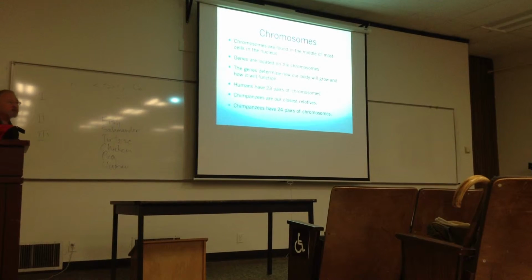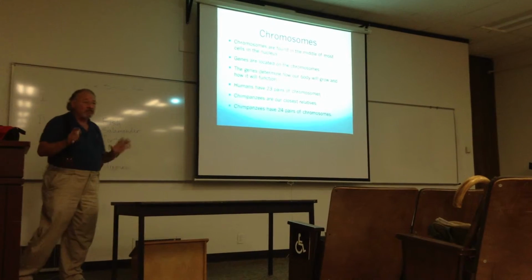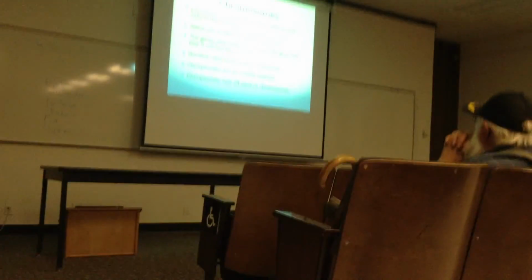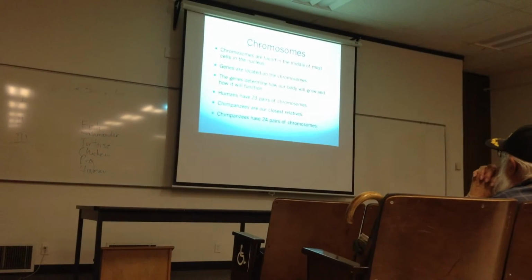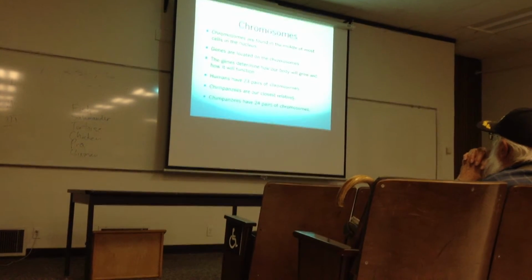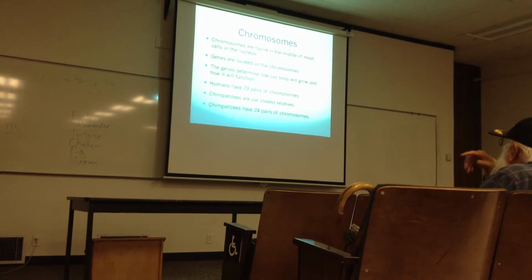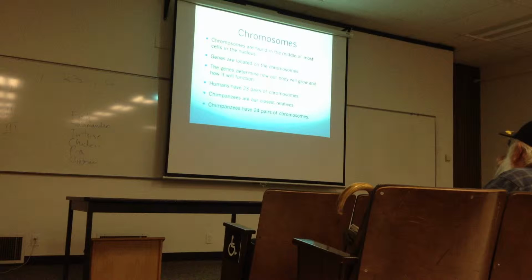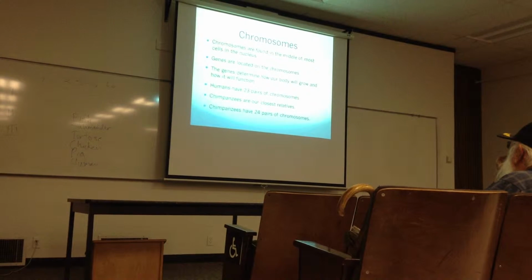Let's look at the chromosomes as an anatomical genetic structure. Everybody knows what chromosomes are. They're found in the nucleus of cells that have nuclei. Red blood cells don't have nuclei, so they don't have the chromosomes, but the cytoplasm does have a different set of chromosomes. Okay, genes are located on the chromosomes.